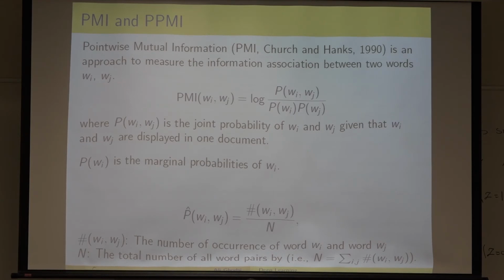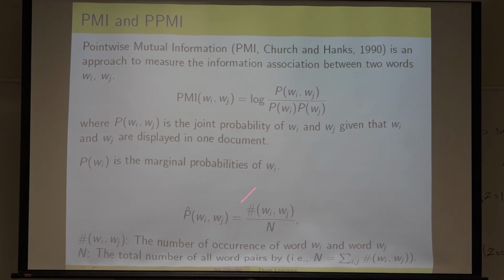We have this concept, pointwise mutual information, PMI, and the PMI between Wi and Wj is defined as the log of the joint probability divided by the marginal probability of each.